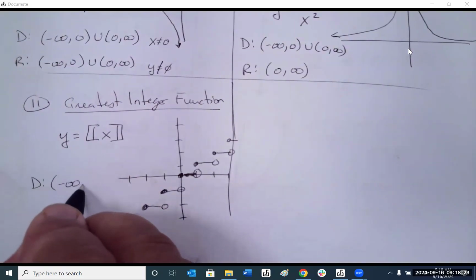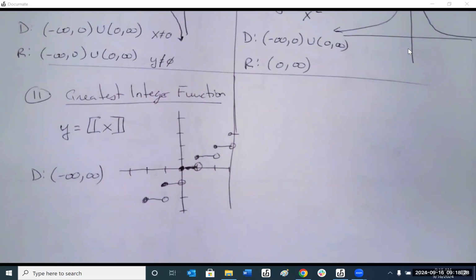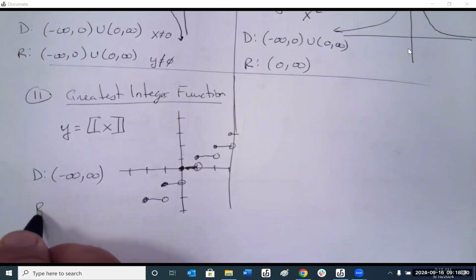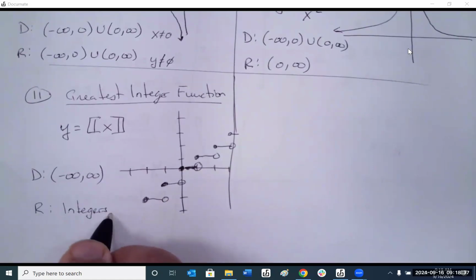My domain is from negative infinity to positive infinity. And my range are only the integers.